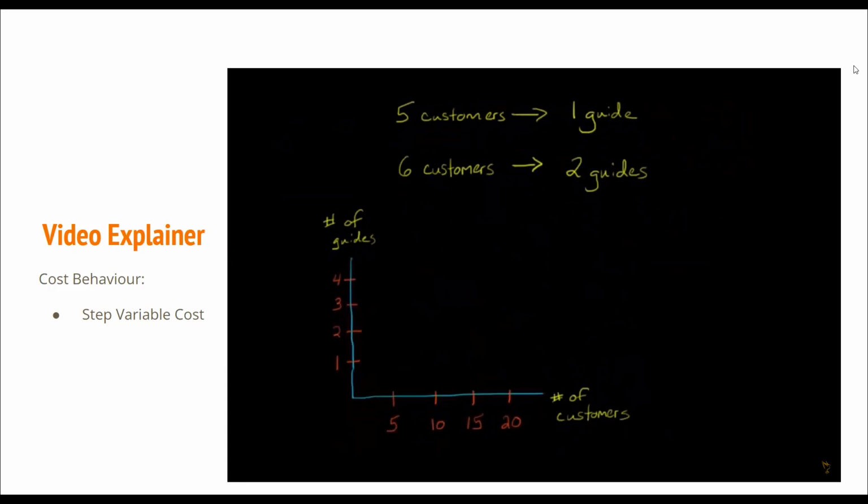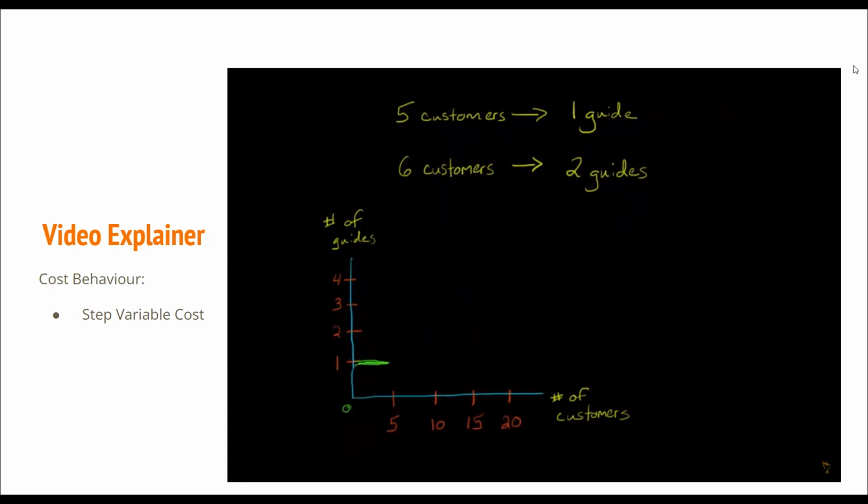So if we think about the number of guides plotted here and the number of customers plotted on this axis, now we'd say, okay, well, if we have anywhere of 5, so this is 0 here, so anywhere between 0 and 5 customers, we're just going to need one guide. So how's that going to look? It's going to look like that, right?